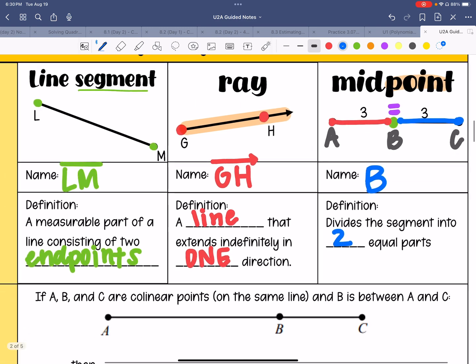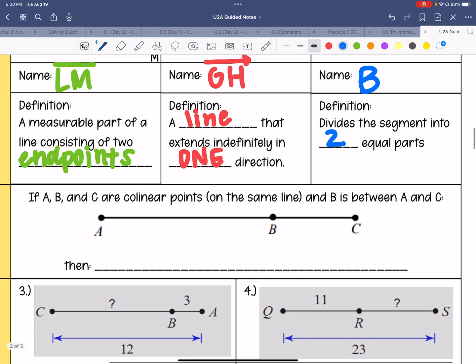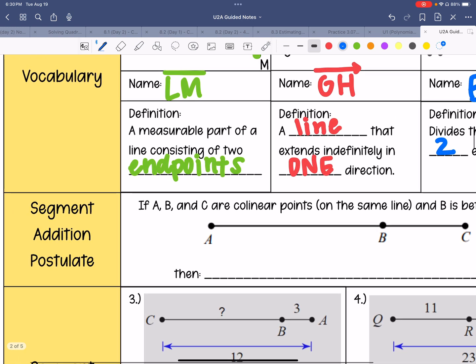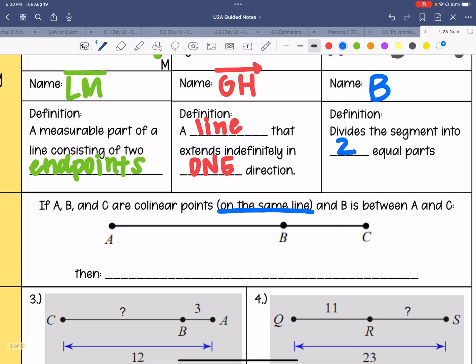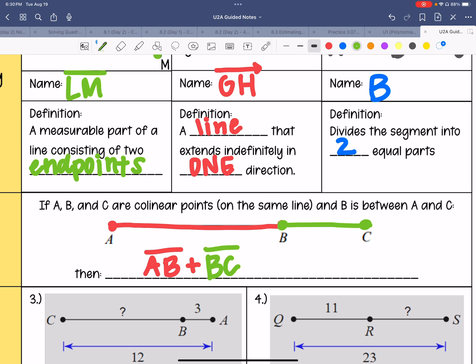Okay, so we are first going to talk about our segment addition postulate, and that is that if A, B, and C are collinear points, which remember, collinear points means that they are on the same line, and B is between A and C, then if we take the distance from A to B, the length from A to B, and we add it to the length of B to C, then that is going to give us our entire segment length.